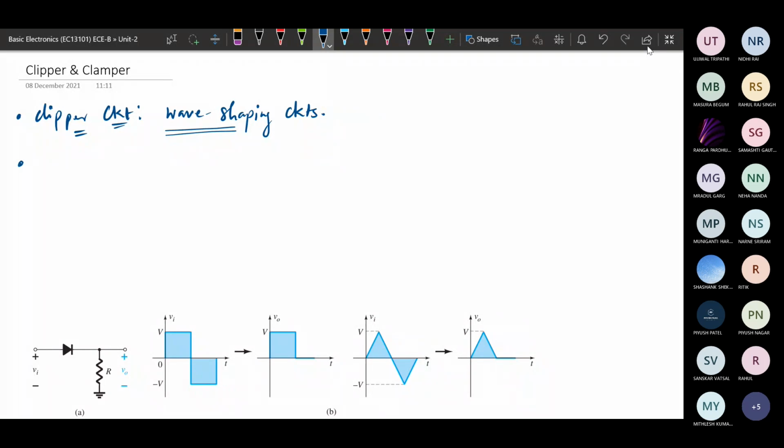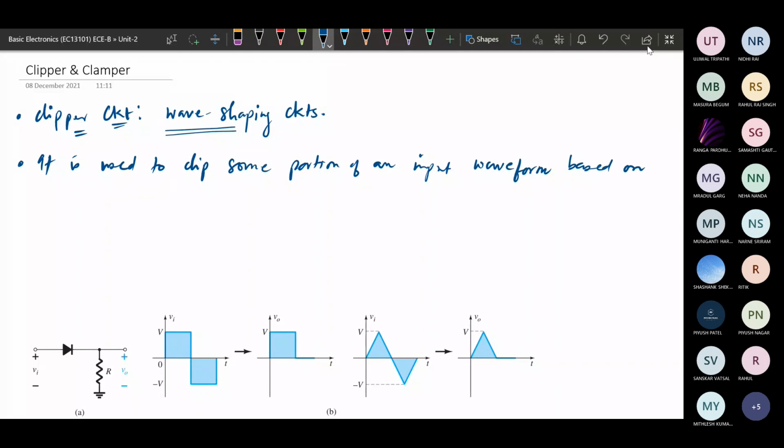A clipper circuit is one of the wave shaping circuits. It is used to clip, or cut, or shape some portion of an input waveform, based on the diode on and off characteristics.